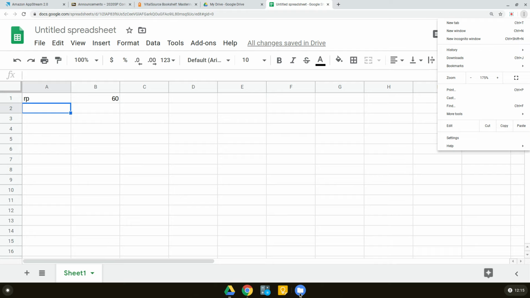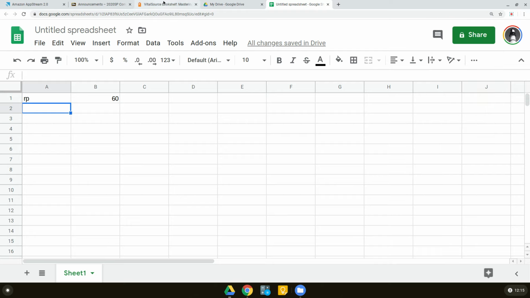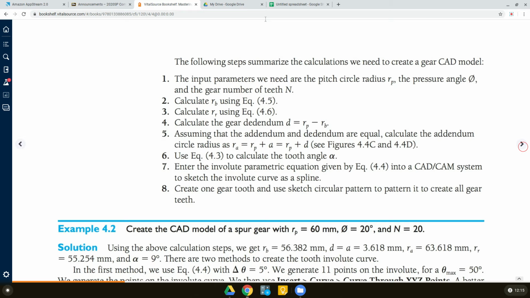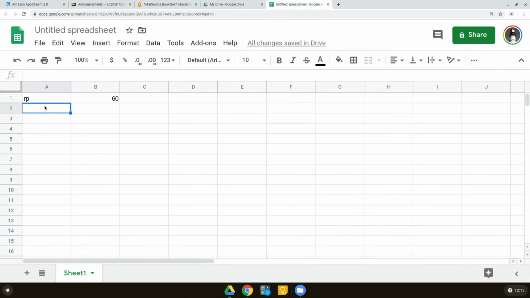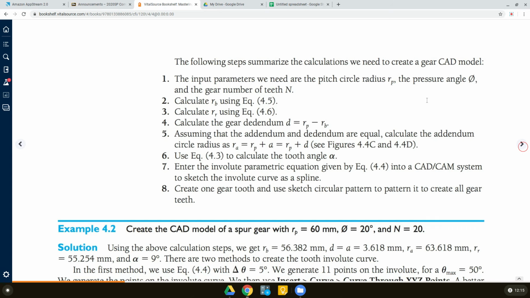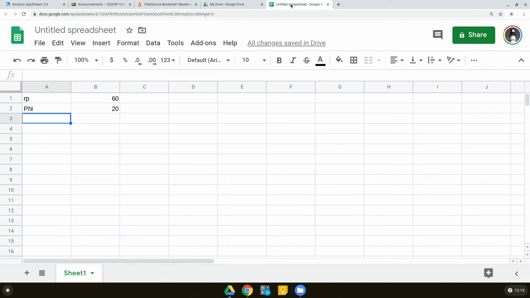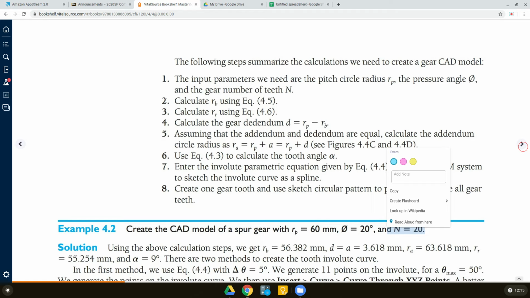Next is phi, the pressure angle phi, which is 20 degrees, and N, the number of teeth on the gear, N is equal to 20. So step number two, you need to calculate R_B.